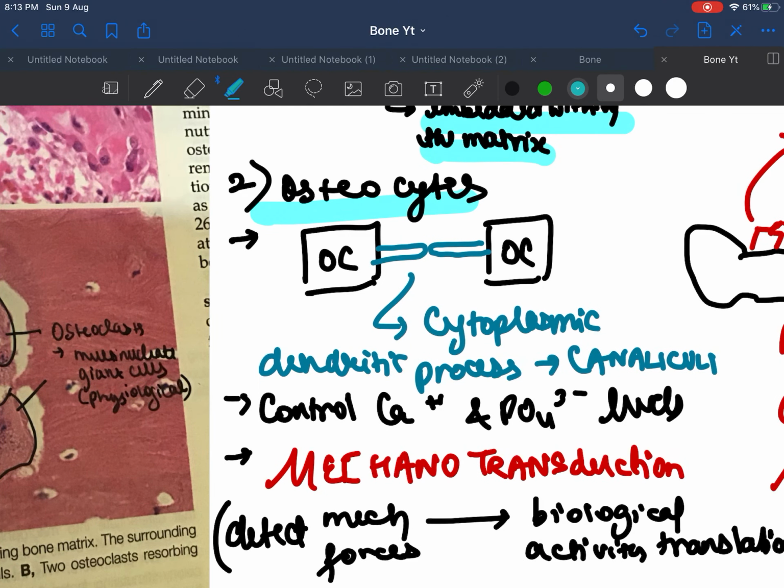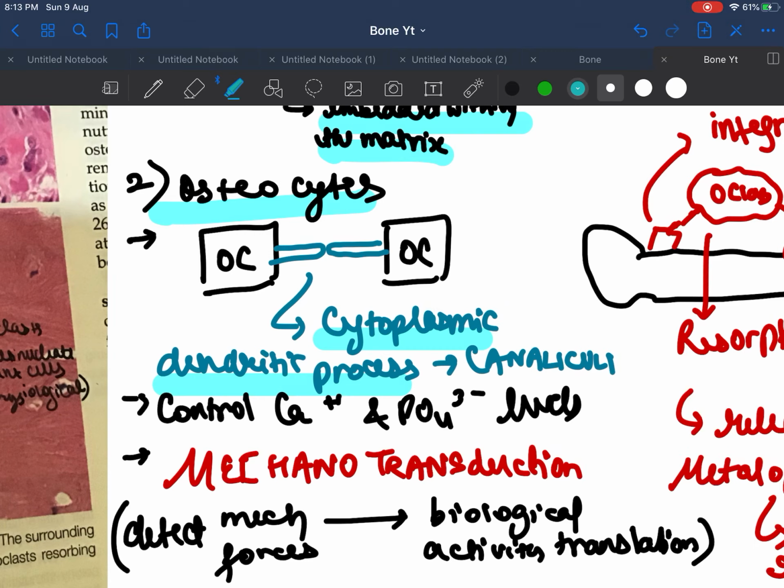Two osteocytes are connected to each other by cytoplasmic dendritic processes, which are known as canaliculi. The cytoplasmic dendritic processes which connect two adjacent osteocytes are known as canaliculi.